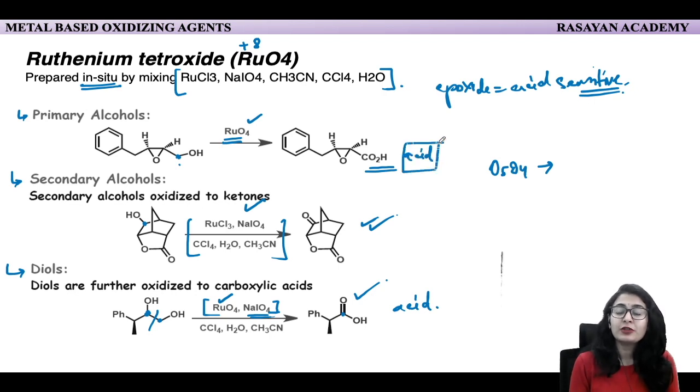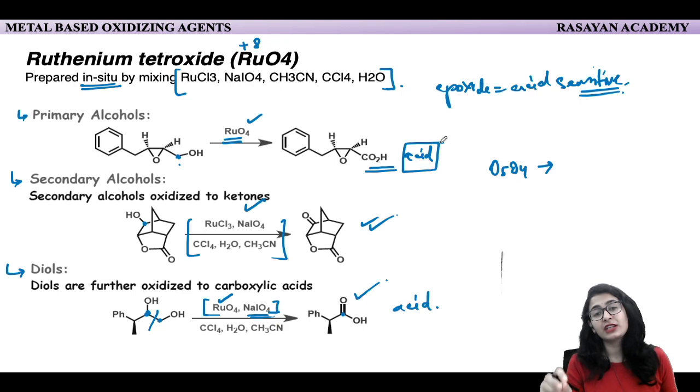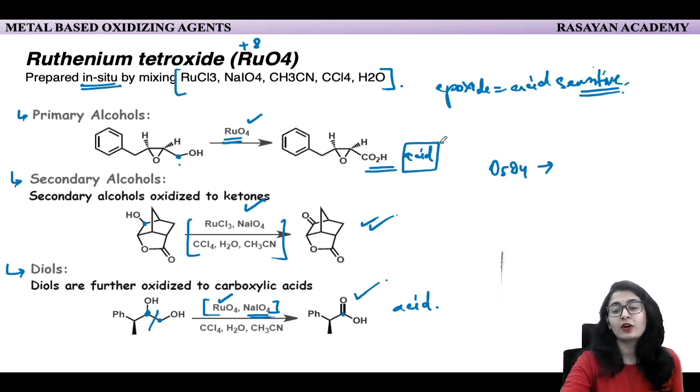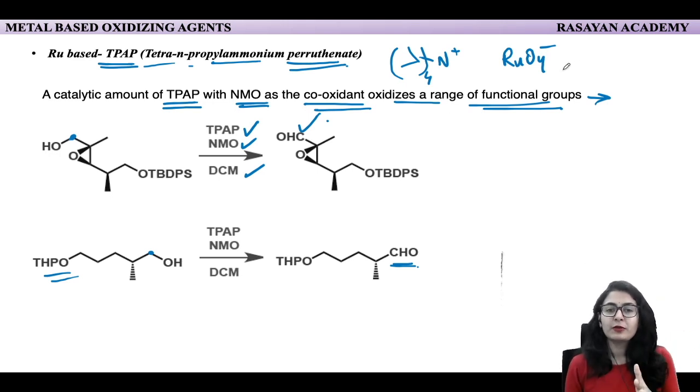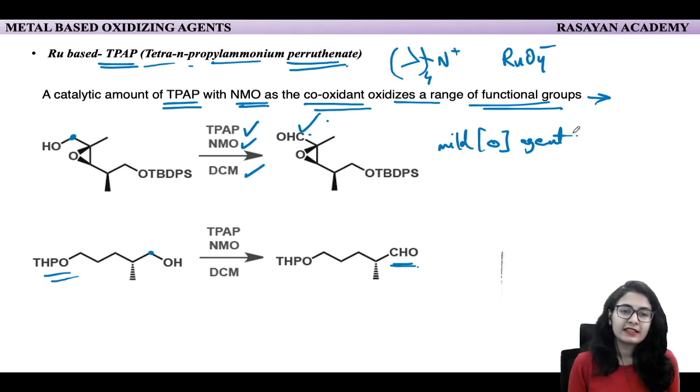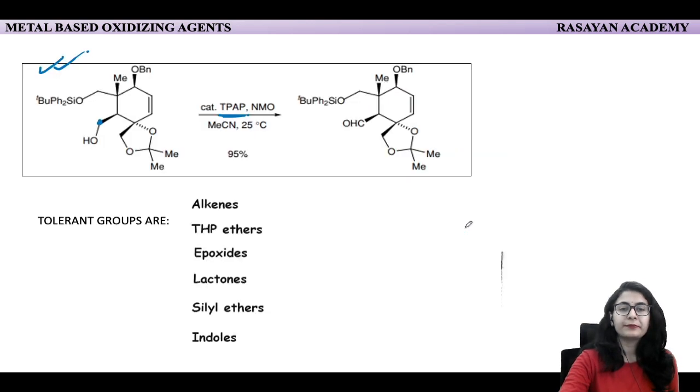So if I ask you that which ruthenium reagent will convert the primary alcohol into acid, it's ruthenium tetraoxide. And for TPAP, that is the perruthenate, it only converts to the aldehyde. So it's a mild oxidizing agent. उतना ज़्यादा strong नहीं है, mild oxidizing agent है, converts both the alcohols into aldehyde only.